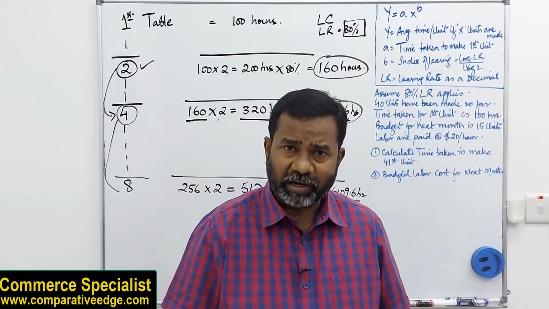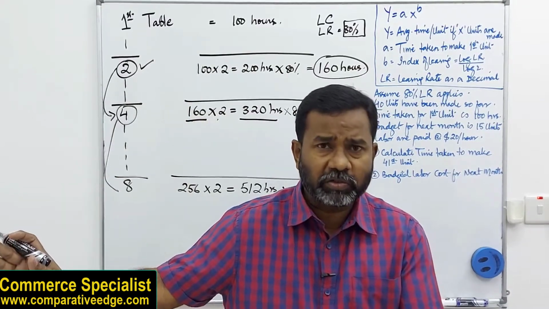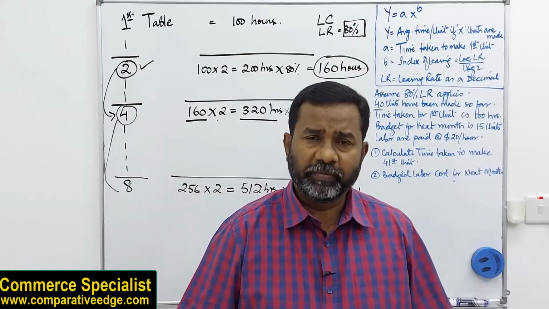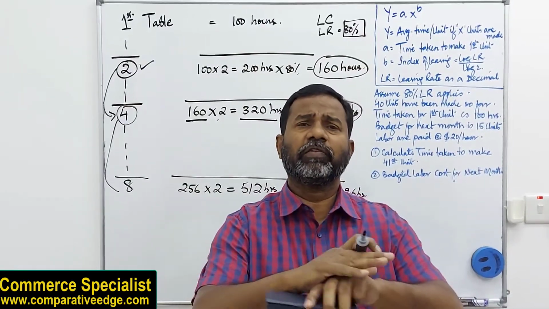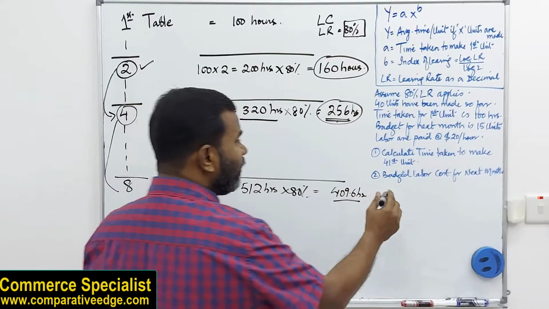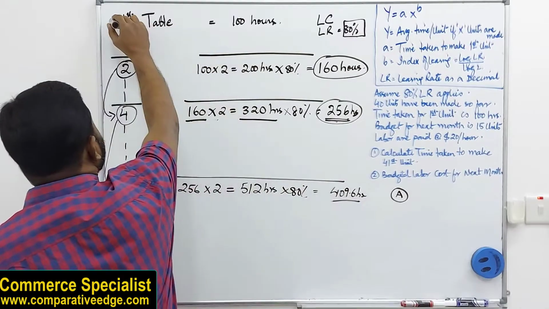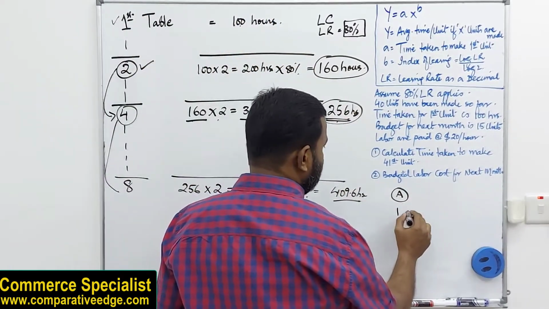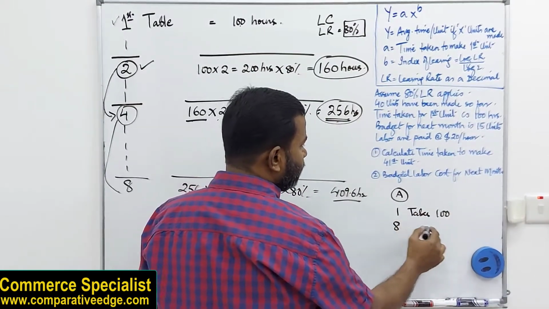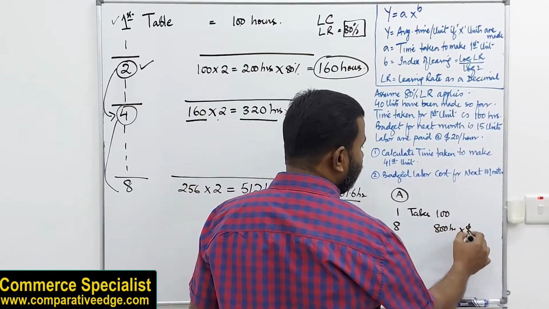So we need to understand, let's say company A, which does not apply learning curve in their costing, and company B, which does. What if a customer places an order? And here we are assuming that we are ignoring all other costs. We are just talking about labor cost. So company A, which does not use learning curve at all, is talking about if one table takes 100 hours, so 8 tables should take 800 hours, and we are assuming that laborers are paid at the rate of $10.